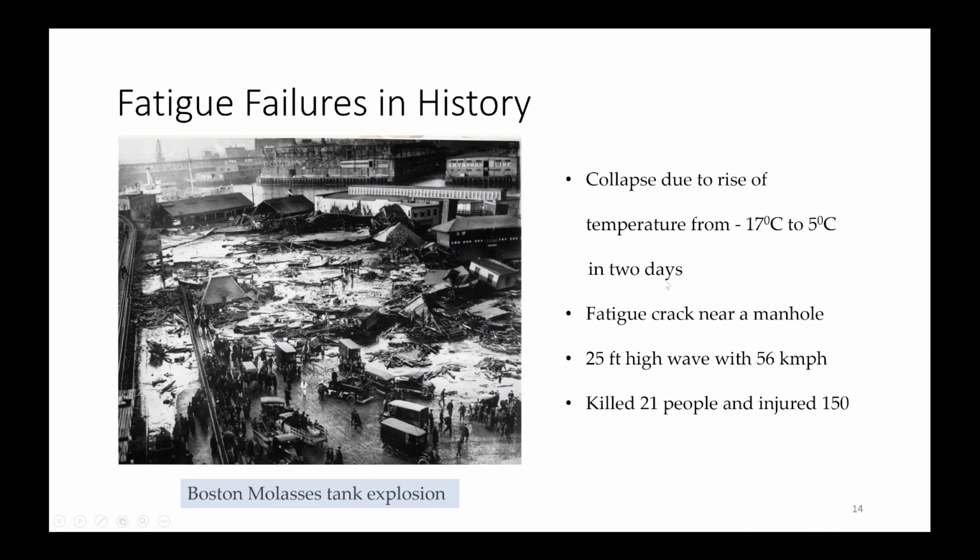When the other molasses came into the pre-existing tank which had the cooler molasses, because of the reaction it caused fatigue crack initiation near the manhole. A wave around 25 feet high at 56 kilometers per hour led to the killing of around 21 people and injury to around 150.